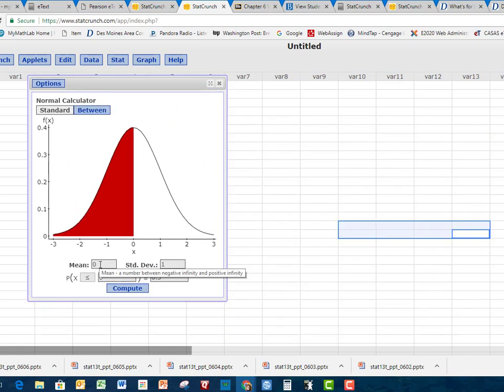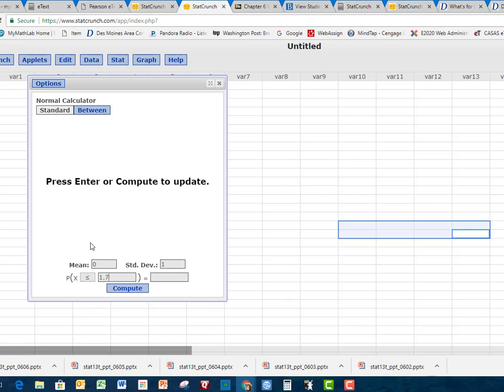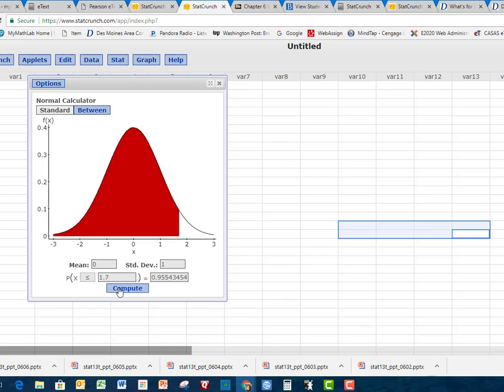It's going to open up into a standard normal curve where the mean is 0 and the standard deviation is 1. I want this to be less than, and don't worry, you only have the choice of less than or equal, greater than or equal to. That's okay. But I'm going to put 1.27 in here. I'm going to do compute, and there it is, 0.9554.